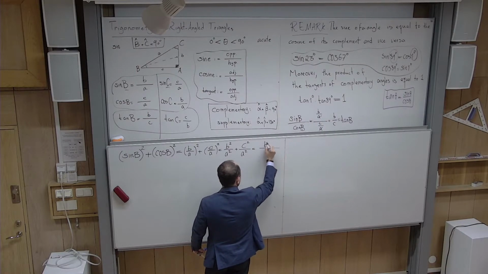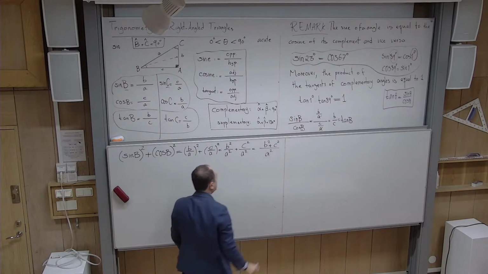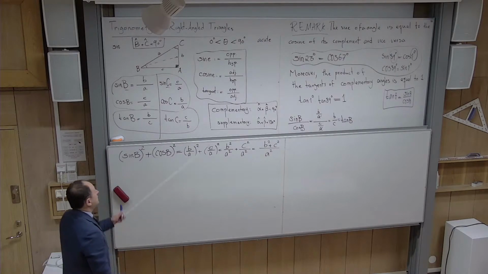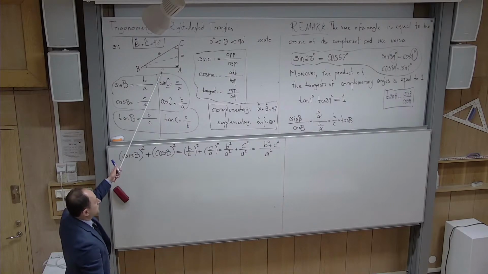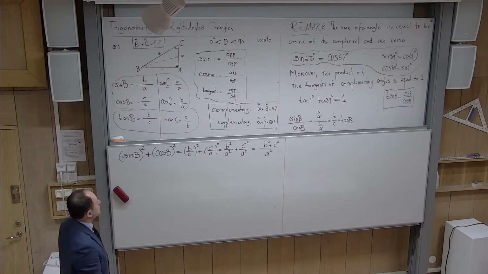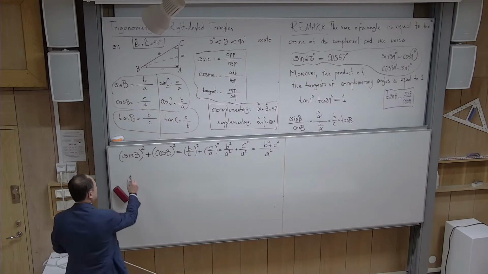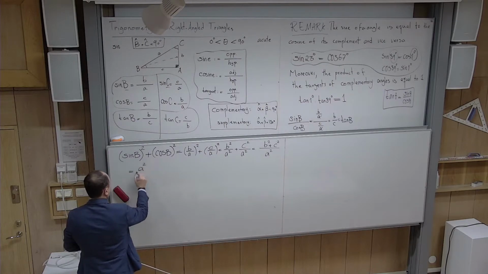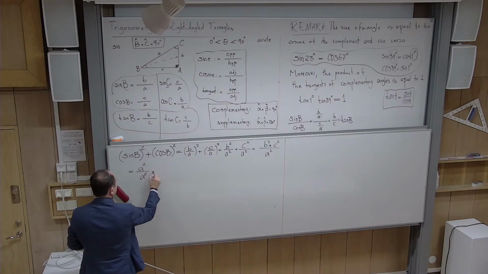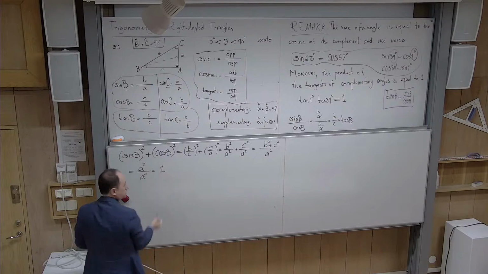So far I reached here. But I can continue because of the Pythagoras theorem, yes? B squared plus c squared in this triangle is equal to what? Is equal to a squared, divided by a squared. But then a squared over a squared is just 1.